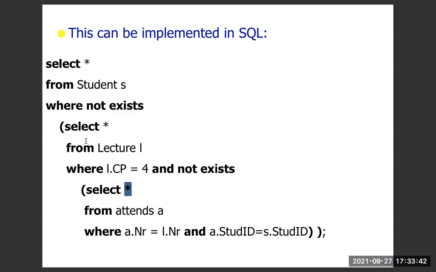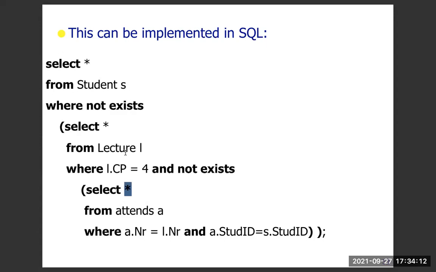So essentially, all the lectures that are not attended by this student will be here. If I have at least one lecture that's not attended by the student, that selection is not empty, exists is true, and not exists is false. Then the student is not part of my result.